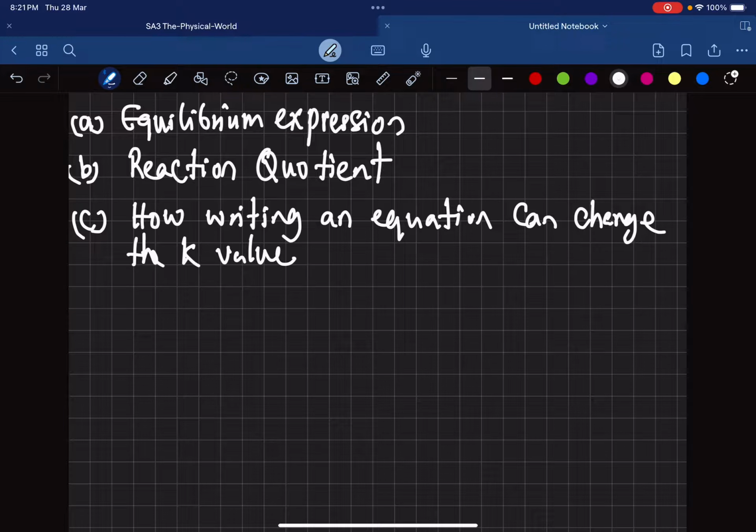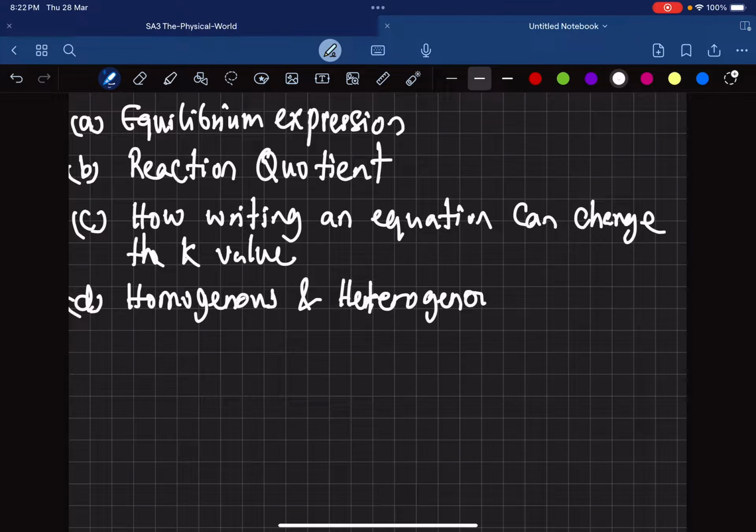Okay, and then we'll also be looking at things like homogeneous and heterogeneous equilibrium. So these are the things that we'll be looking at. Maybe we look at other things as well, but generally this is what we're going to be looking at.